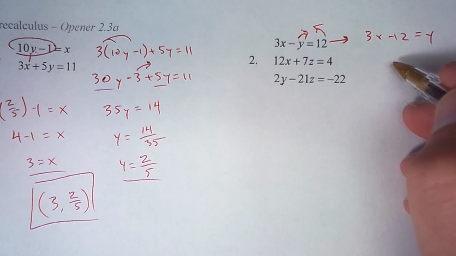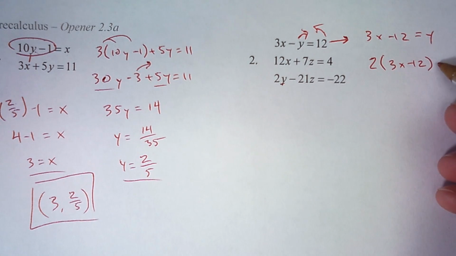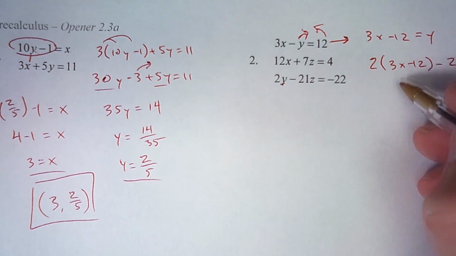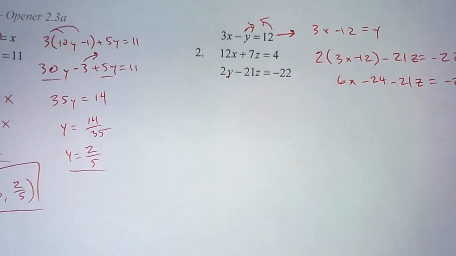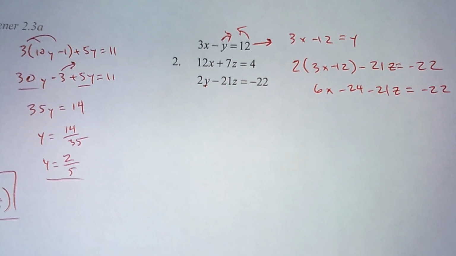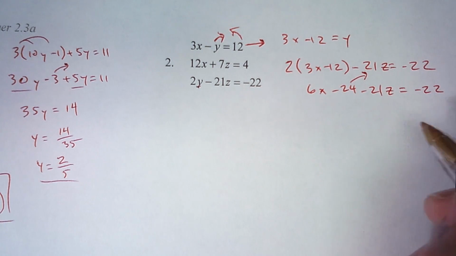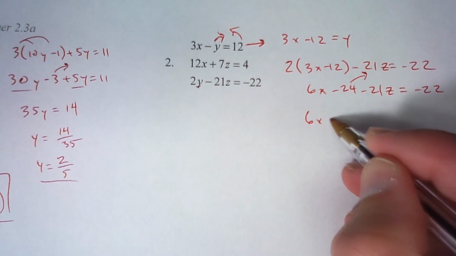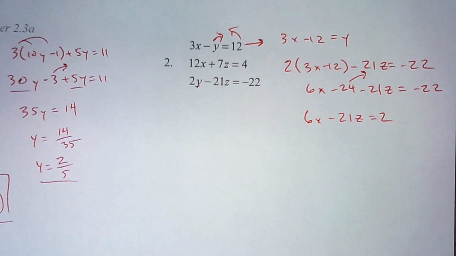Okay, so I've got 2 times 3x minus 12 minus 21z equals negative 22. So that's 6x minus 24 minus 21z equals negative 22. And I'll go ahead and move that over to the right side. So I've got 6x minus 21z equals 2.